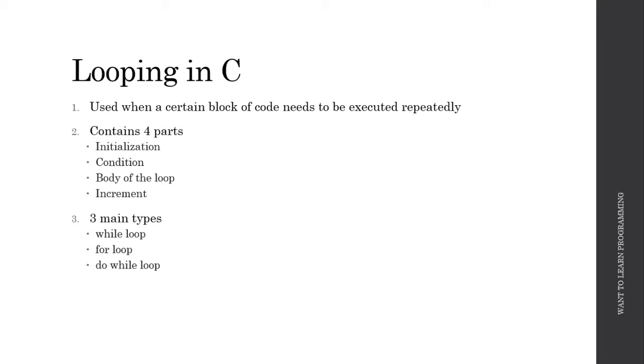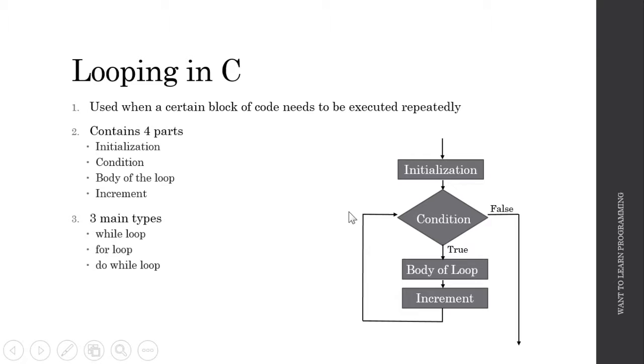Let's look at the flow diagram of a looping statement to understand how looping is exactly done. First, a variable is initialized. Next, a condition is checked whether it is true or false. If it is true, then the body of the loop is executed. And inside the body of the loop or at the end of the body of the loop, an increment is made to the variable and it returns to the condition.